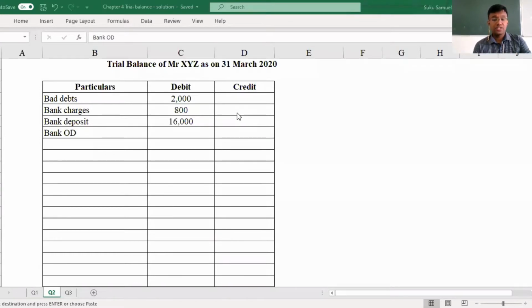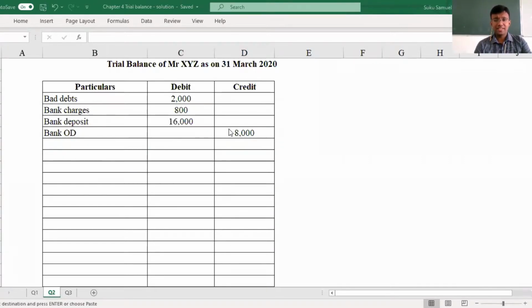It's a facility which is usually given on current account to businesses. So bank overdraft, that money is what you will have to pay back to the bank. So that is an obligation, that is a liability for you. Since it is a liability, it will fall on the credit side.